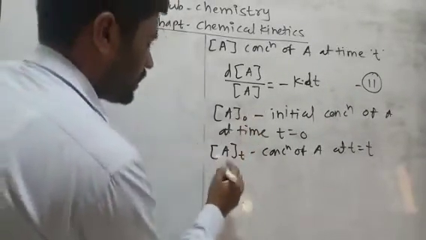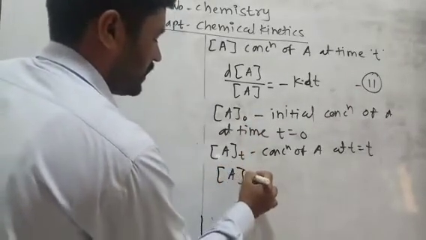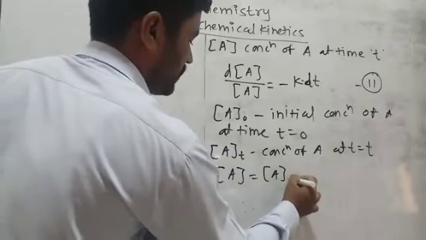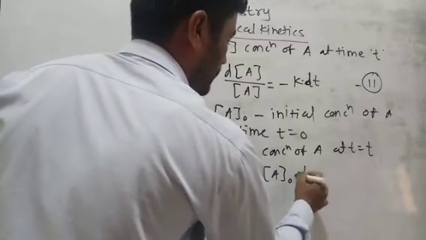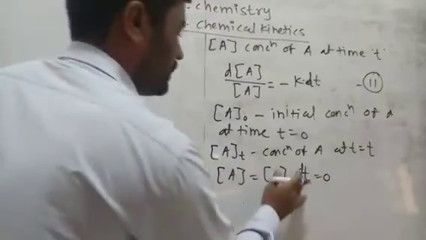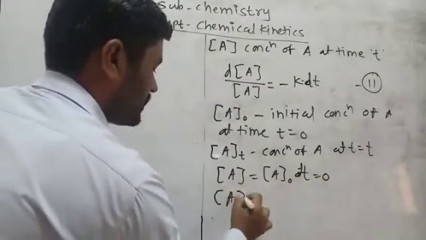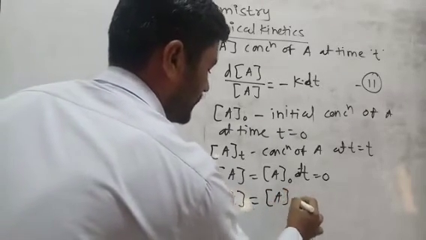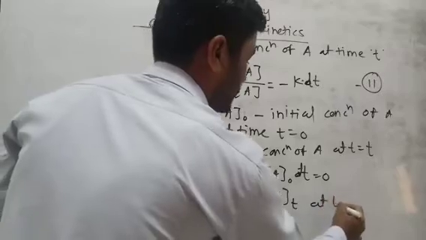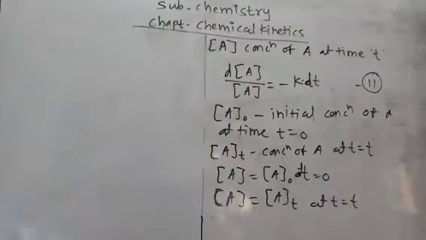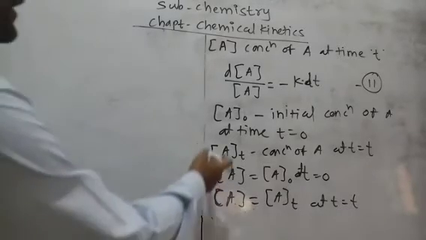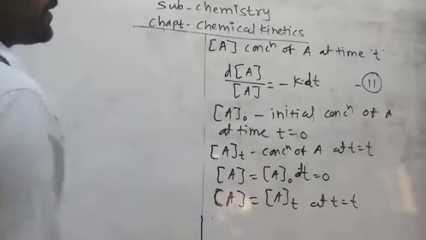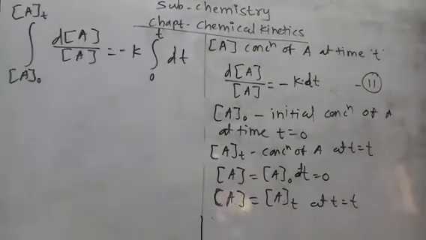So here we got the concentration of A is equal to A0 at t is equal to 0, and concentration of A is equal to At at time t. By putting these values into the equation, we got the new equation.